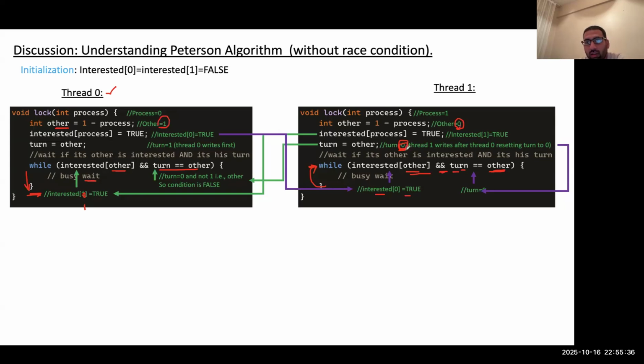Where? Here, right? So the main idea, at an abstract level, is like this. You and me, we both want to read the same book, right? I advertise my interest by writing on the board that I am interested, and you also advertise your interest by writing on the board that you are also interested.